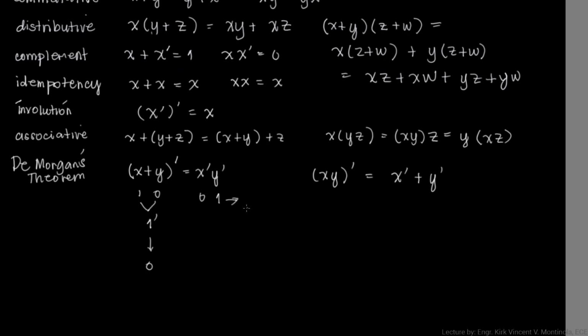So that is 0 times 1, still 0. You can also try the other case, if your x becomes 0 and your y becomes 1. So this sum is still 1, then complemented, that becomes 0. On this side, x is 0, so x complemented is 1. Then your y is 1, so complemented it is 0. So the product of the two is still 0. So that is equal.